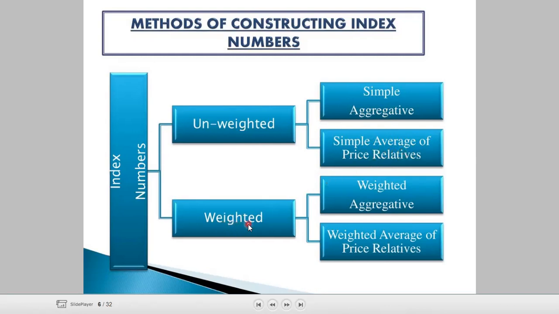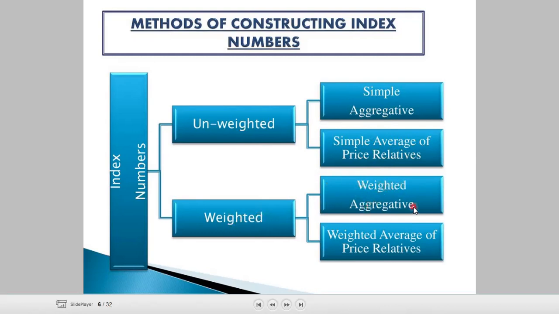Second is weighted method. Under weighted method, on the basis of the preference or priority, weightages are assigned to items and then only index numbers are calculated. It can also be calculated in two ways.